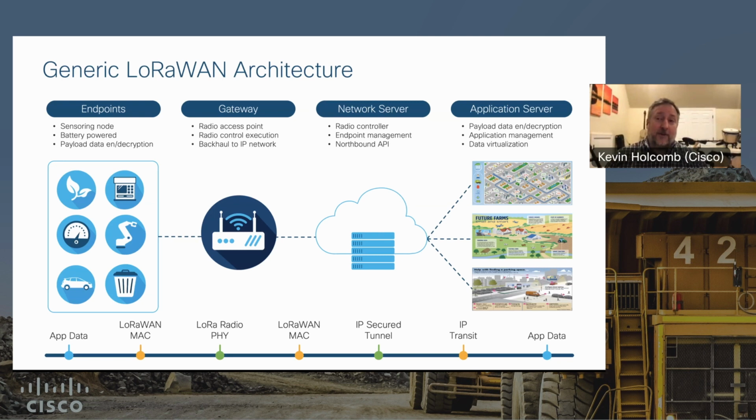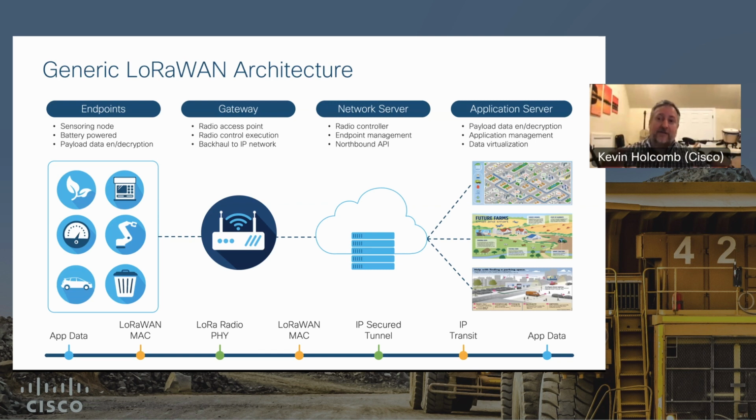LoRaWAN is a little different than Wi-Fi. In Wi-Fi, using 802.11 at 2.4 gigahertz as an example, walking through a building you might have the first AP on channel 1, the next on channel 6, and the next on channel 11, hopping from one AP to the best AP. With LoRaWAN, you typically set up all your gateways with the same channel plan.